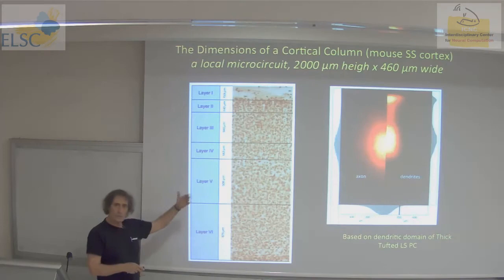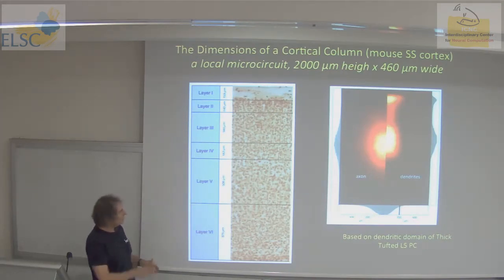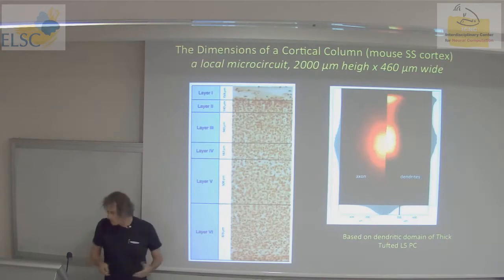Working with Henry and with Javier de Felipe, who is an anatomist, and other people, we are trying to make sense of the cortical column, characterizing the types of cells there, defining the column, and all these things that are hard to define.